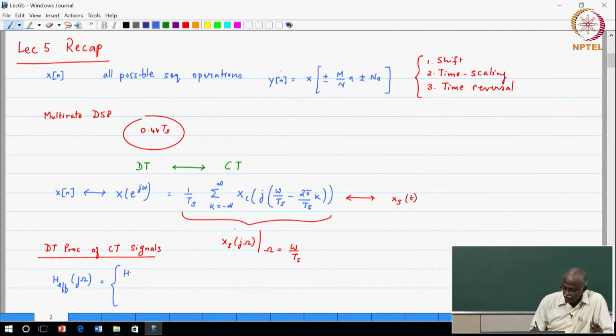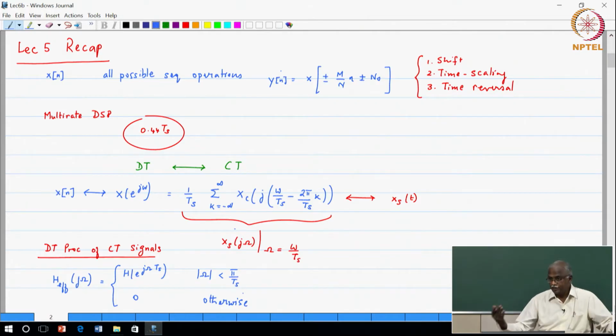That would be equal to H_E of j omega Ts for mod omega less than pi over Ts, and equal to 0 otherwise. So, we showed that under certain conditions we can treat the overall system as LTI and also link the overall transfer function, H_effective of j omega, to the discrete-time transfer function of the discrete-time system. Okay, so this is a summary of the key points.